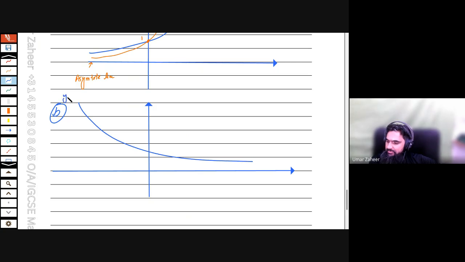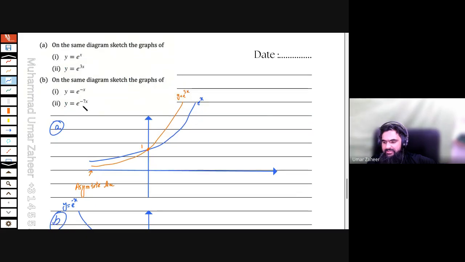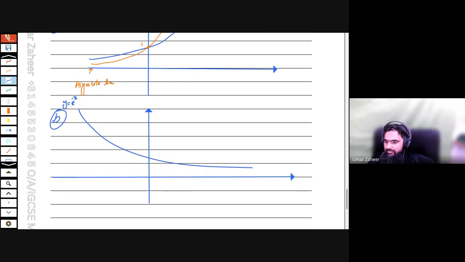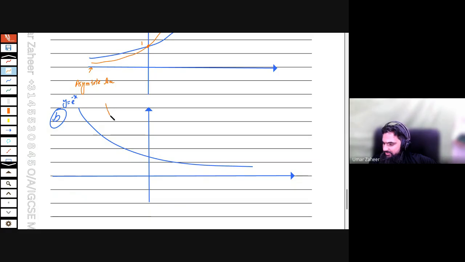It is y is equal to e power minus x. Now the next is y equals e power minus 7x. So it is more steeper. So it is like this way. This passes from 1. This is y is equal to e power minus 7x.